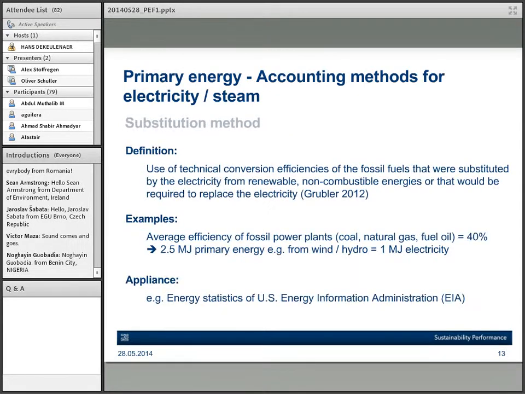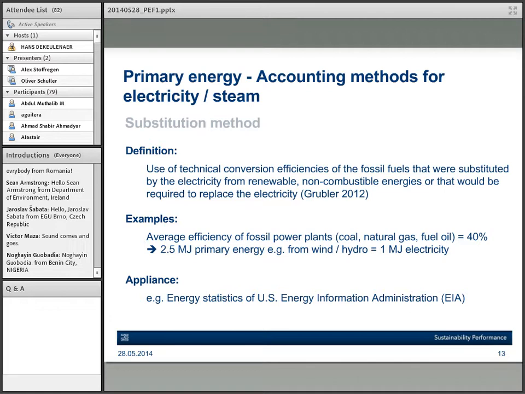So the third method is the substitution method. It's used by the US Energy Information Administration, so the EIA. What they use is the technical conversion efficiency of the fossil power plants which were substituted or that would be needed to replace the electricity from renewables.